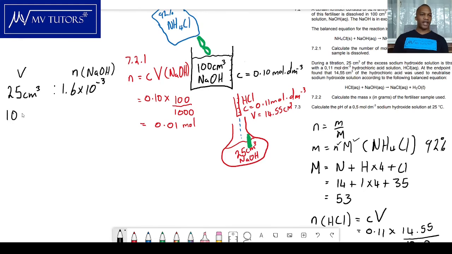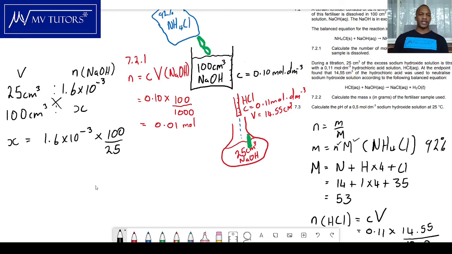But in the 100 centimeter cubed, that's what we need to solve. So x is simply going to be, we cross multiply, and we get 1.6 times 10 to the power minus 3 times 100 divided by 25, which is cross multiplied, right?